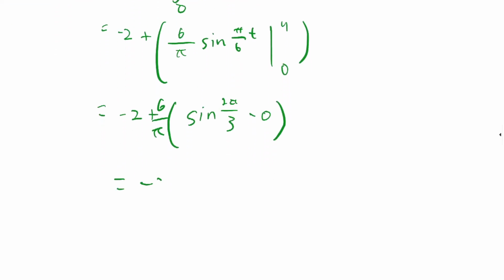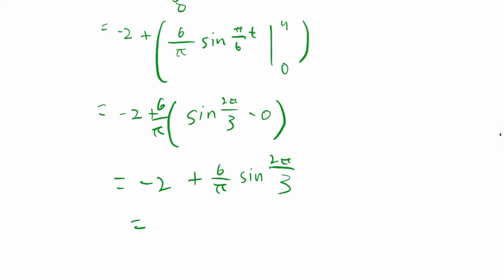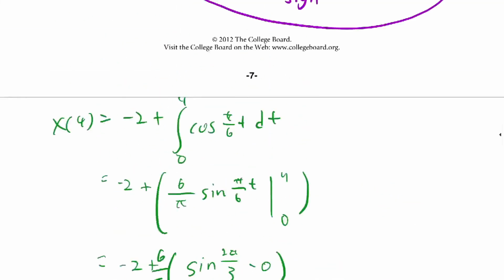So this is really negative 2 plus 6 over pi sine of 2 pi over 3. And you can simply leave it here. You can stop right here. If you do want to continue further, you can simplify this. Sine of 2 pi over 3 will be positive root 3 over 2, so it'll be 6 root 3 over 2 pi. This is negative 2 plus 3 root 3 over pi, and this is your answer.